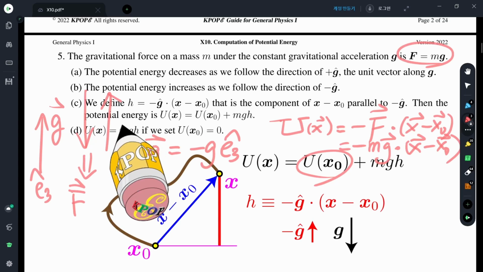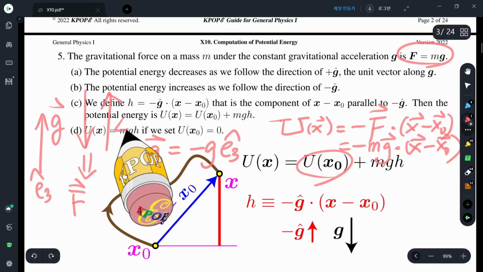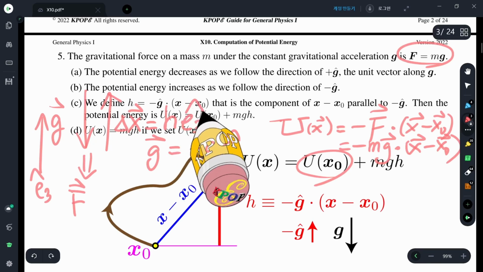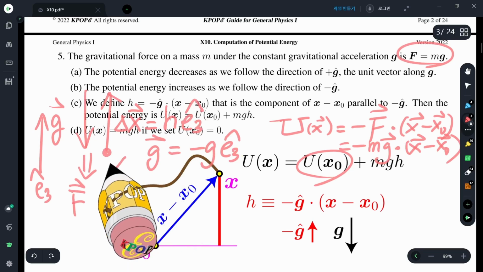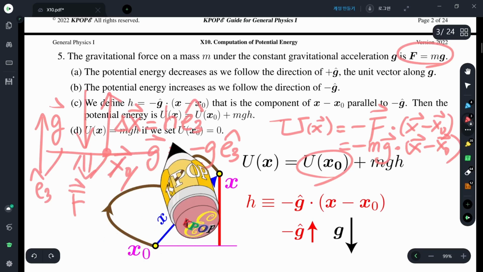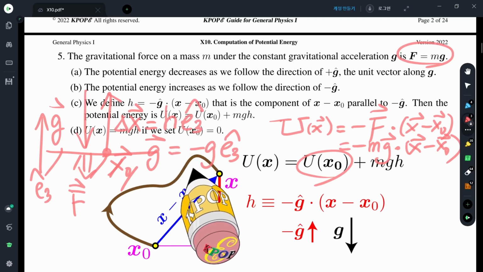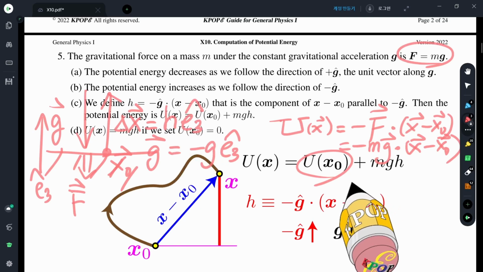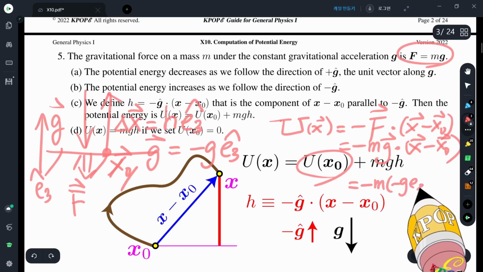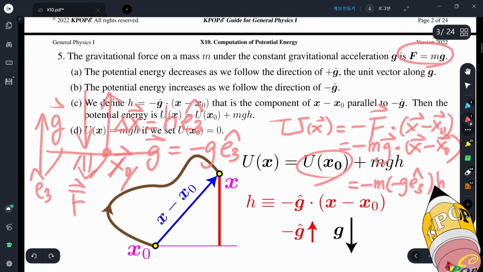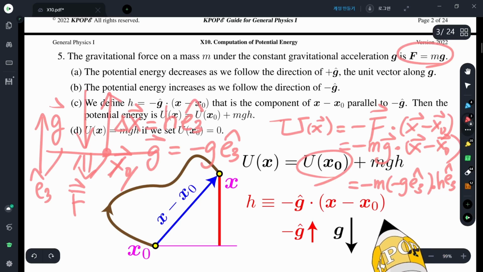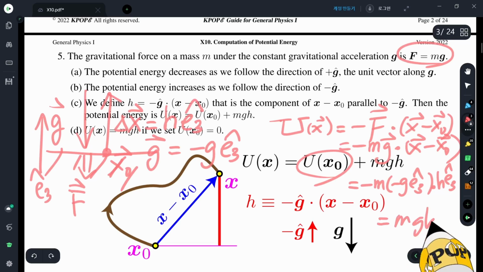So the displacement delta x is h e3 from a reference point x0 where it is on the ground. Then if we substitute this one in here, it's minus m times minus g e3 hat and h e3 hat, scalar product. So this is mgh.